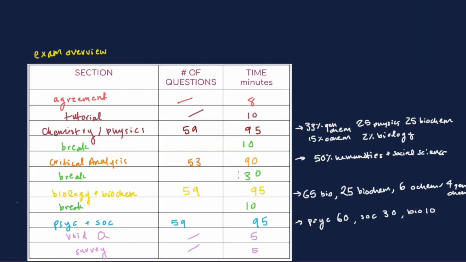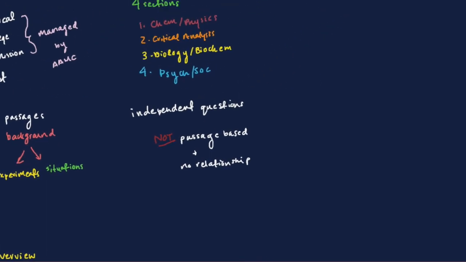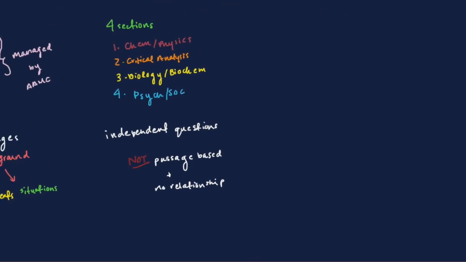All right, so let's talk about scoring real quick. So each section in the MCAT ranges from a low 118 to a high 132.